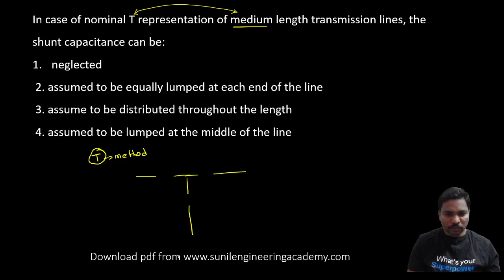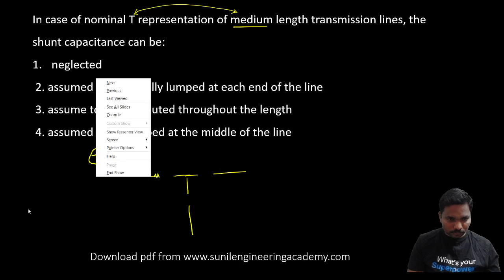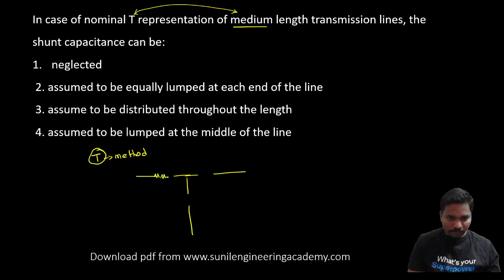This is the T type now. So here we are going to use this nominal T method. Here we have the impedance, half of the resistance, half of the inductance, R by 2, X by 2.